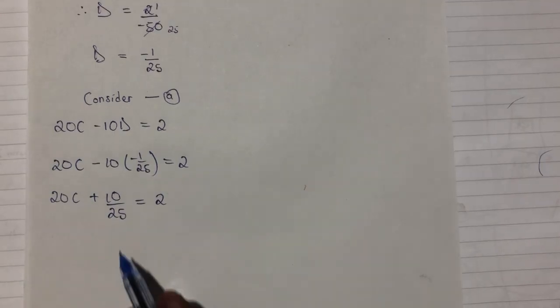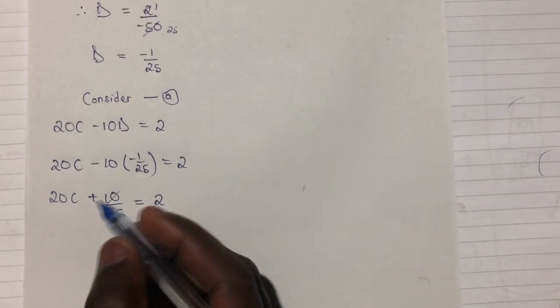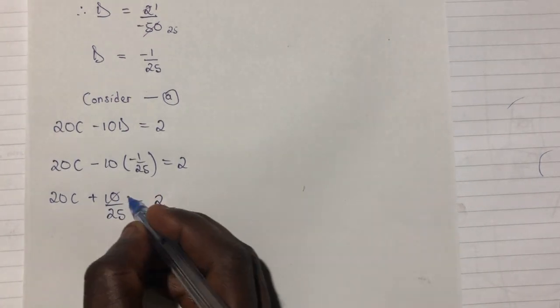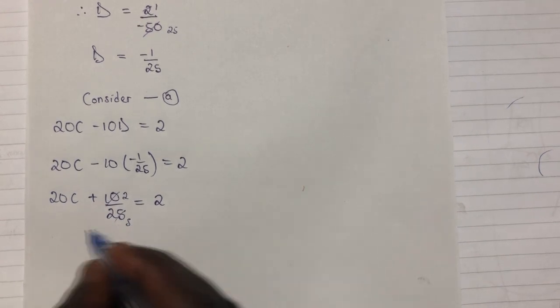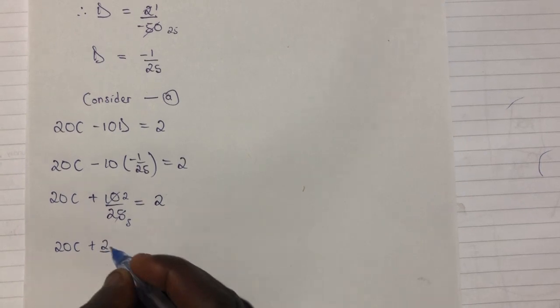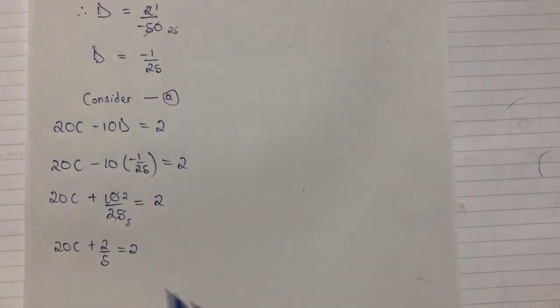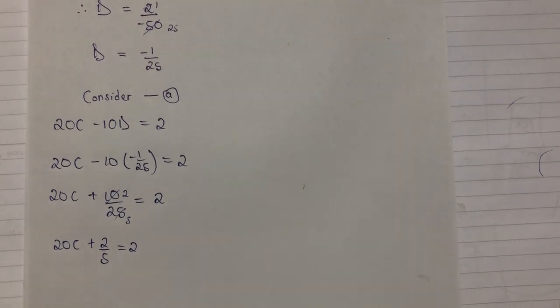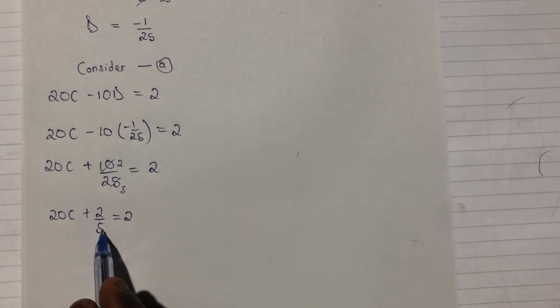Now we can break this down with 5. This gives us 2 and this gives us 5. So I'm getting 20C plus 2 out of 5 giving me 2. From here, change the function to linear: multiply the whole function by 5.